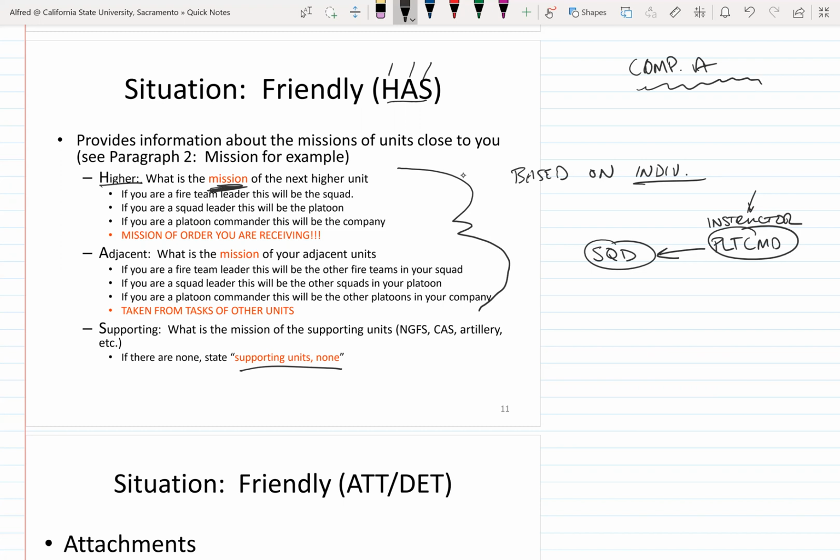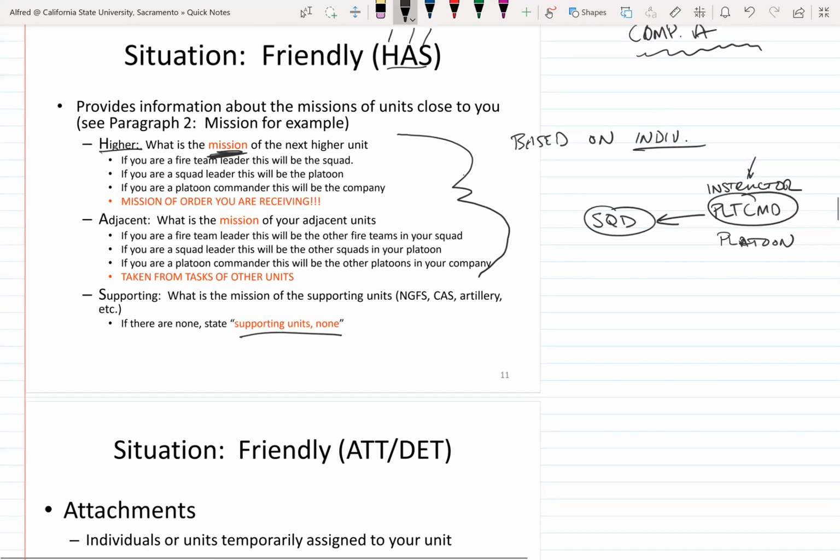That's not your higher unit. Your higher unit is the platoon. So you don't want to copy it directly. If you copy it directly, and I told you this, I'm going to slap you in the face. I'm going to go find you and I'm going to make you repeat OCS.